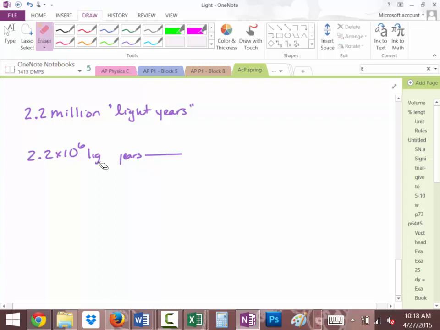So it's going to take this many years, times, so we're going to figure out something in seconds, right? Because we're going to eventually get this multiplied by meters per second so we can get some sort of meters in there. Does that make sense? So I'm going to eventually multiply this by 3.0 times 10 to the 8th meters every second.